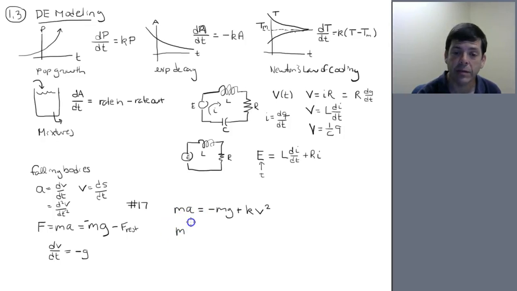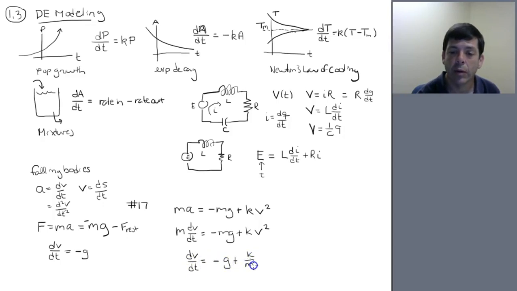We have m dv/dt is equal to minus mg plus kv squared. And if they want dv/dt by itself, then I would divide everything by m. And so I get minus g plus (k/m) v squared.